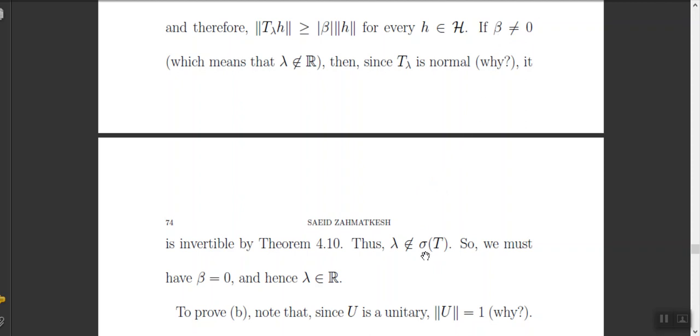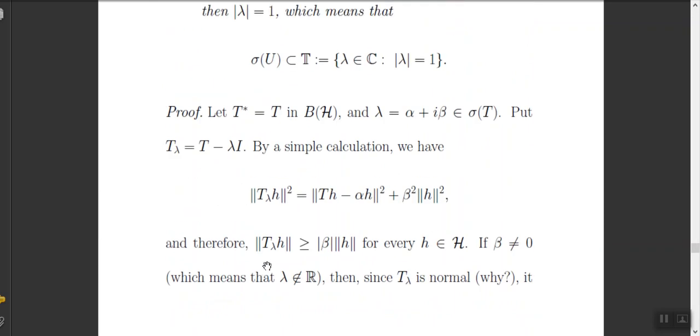So beta must be 0, and when beta is 0, lambda becomes a real number. So it is true that if T is a self-adjoint operator, every element of the spectrum is a real number.